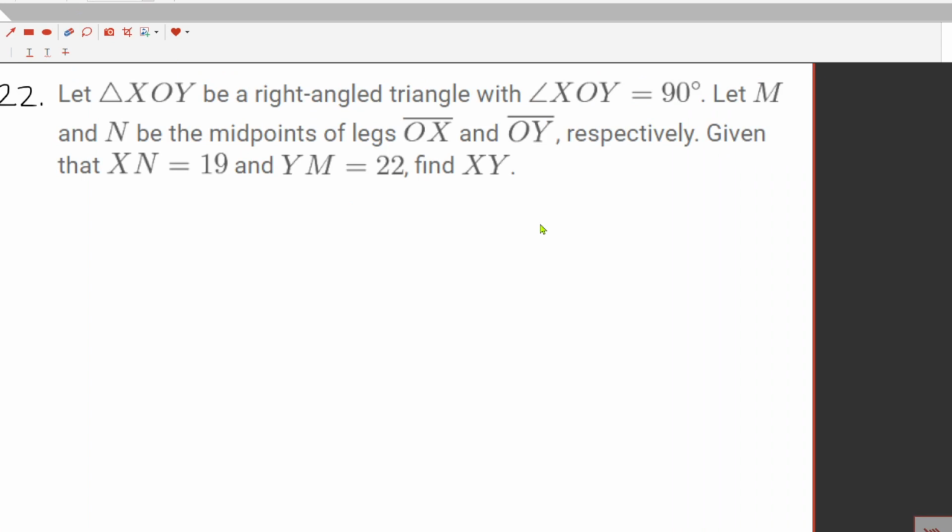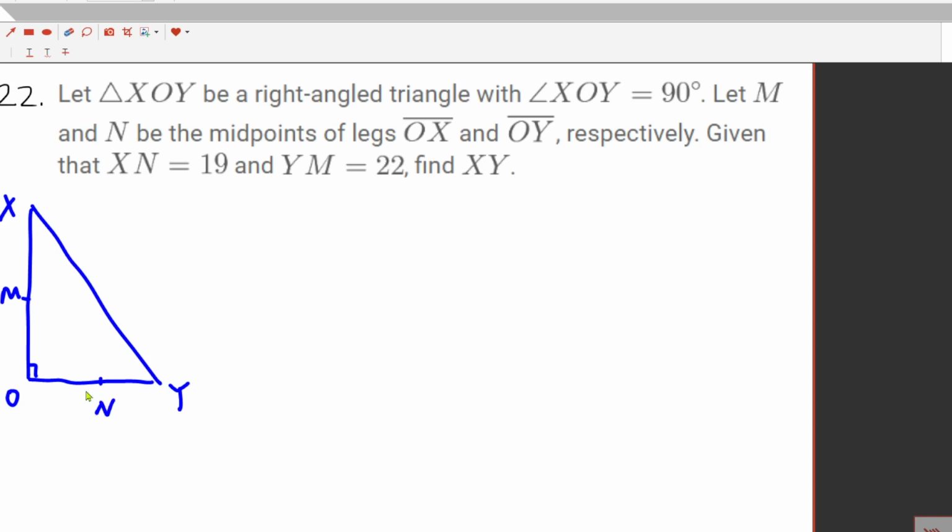22, okay. Let XOY be a right-angled triangle. Okay, it's better to draw a diagram to help us think. So XOY. Angle XOY is 90 degrees. Here you have a 90-degree angle. Let M and N be the midpoints of the legs OX and OY. M is here, N is here.